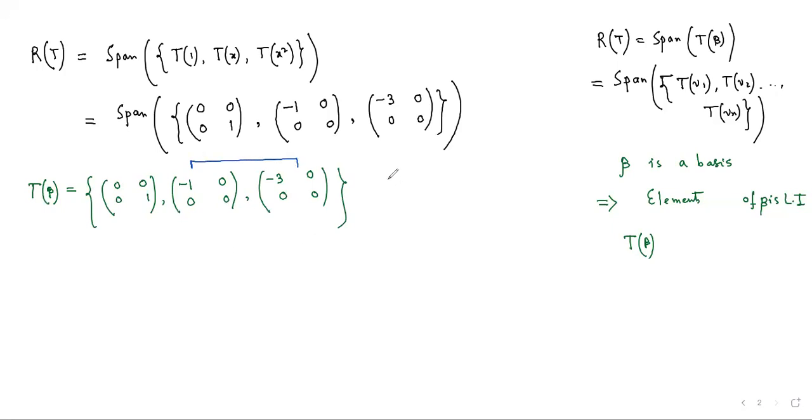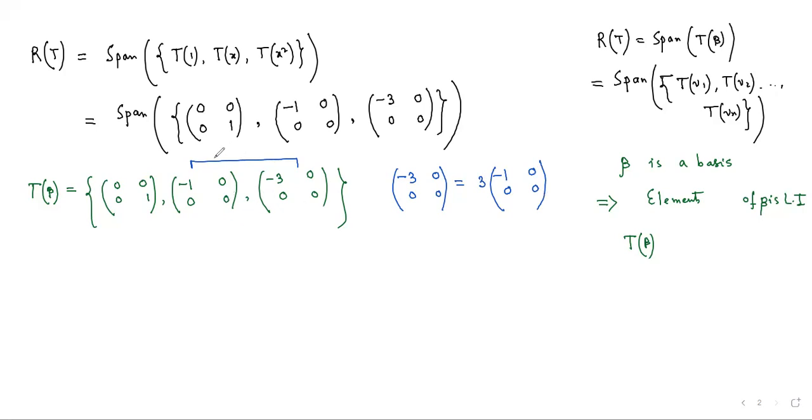Minus 3, 0, 0, 0 can be expressed as a linear combination of this; it is nothing but a scalar multiple of minus 1, 0, 0, 0.